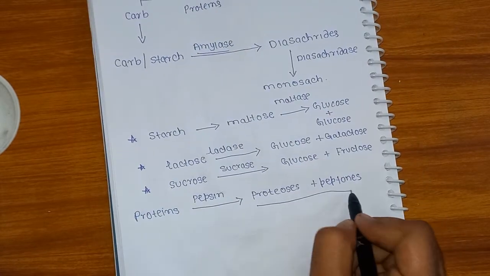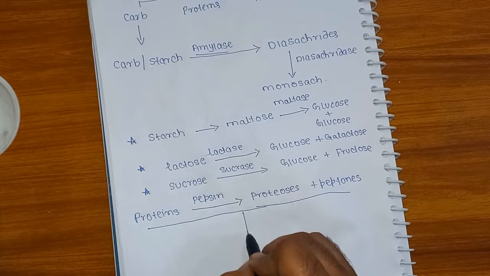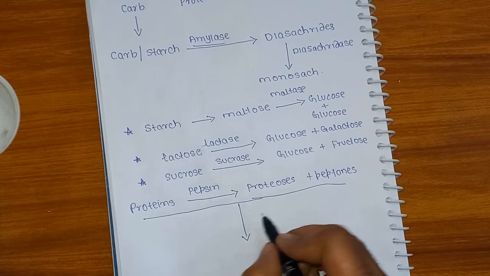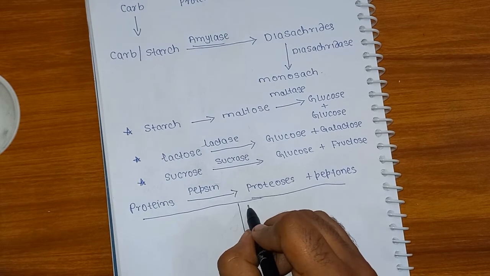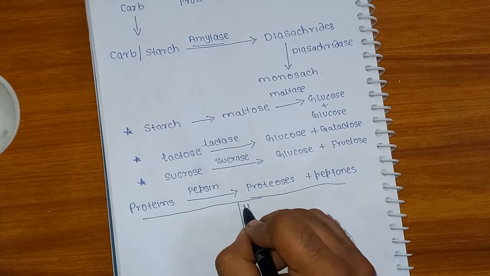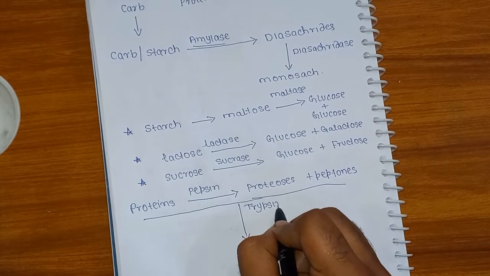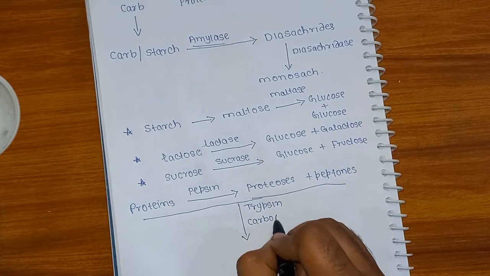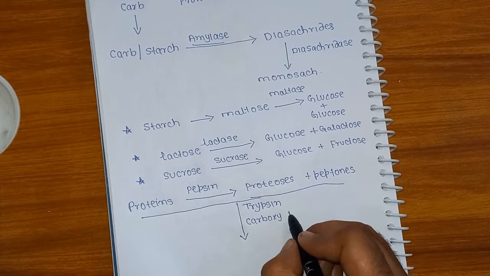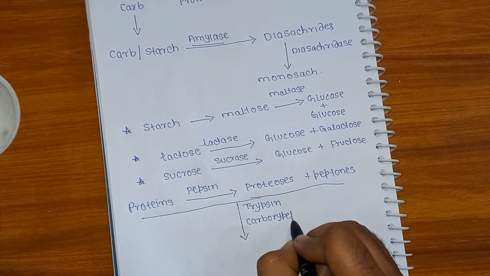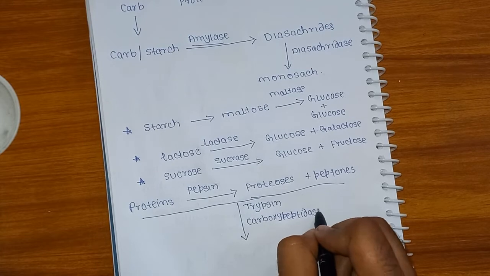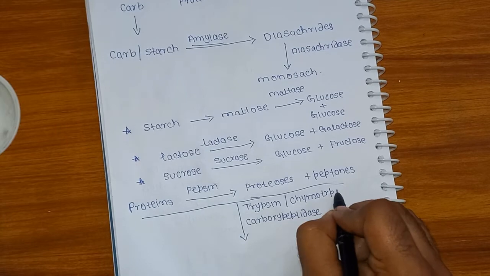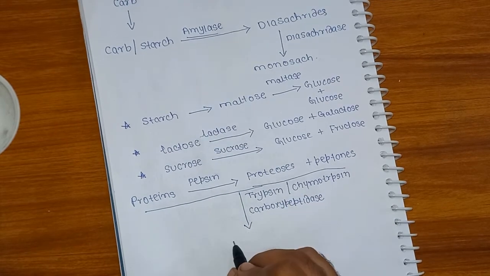Now all these proteoses plus peptones are acted upon by pancreatic juice enzymes, that is trypsin, carboxypeptidase, or chymotrypsin, and these are converted into dipeptides.